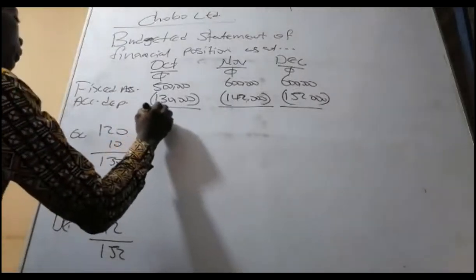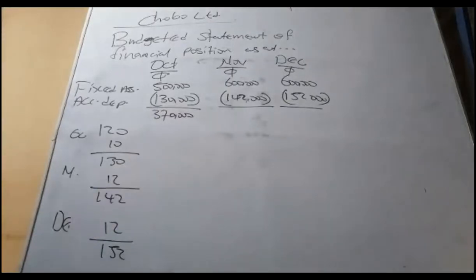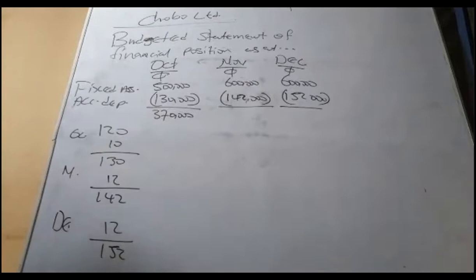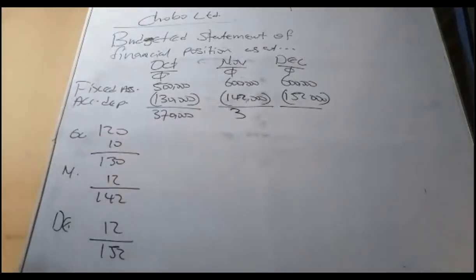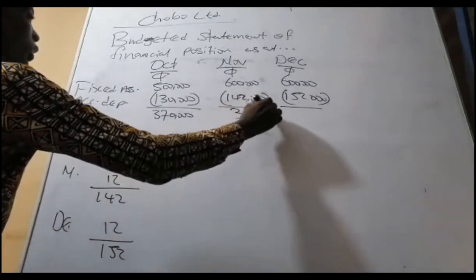So therefore, it's going to give us 370,000. Then you take off the depreciation for November, that's 12. You get 358,000.